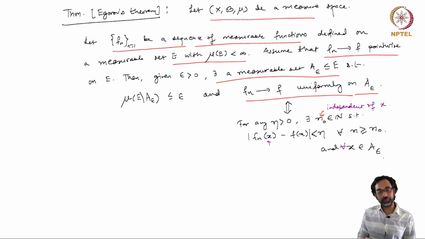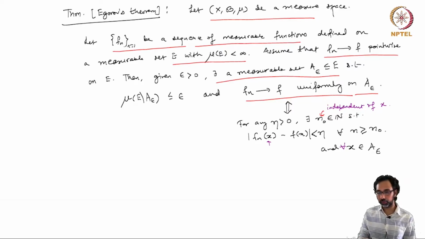So we see that outside a set of measure less than or equal to epsilon, we have uniform convergence, and this is what Littlewood's third principle says, that every pointwise convergent sequence of measurable functions is uniformly convergent.